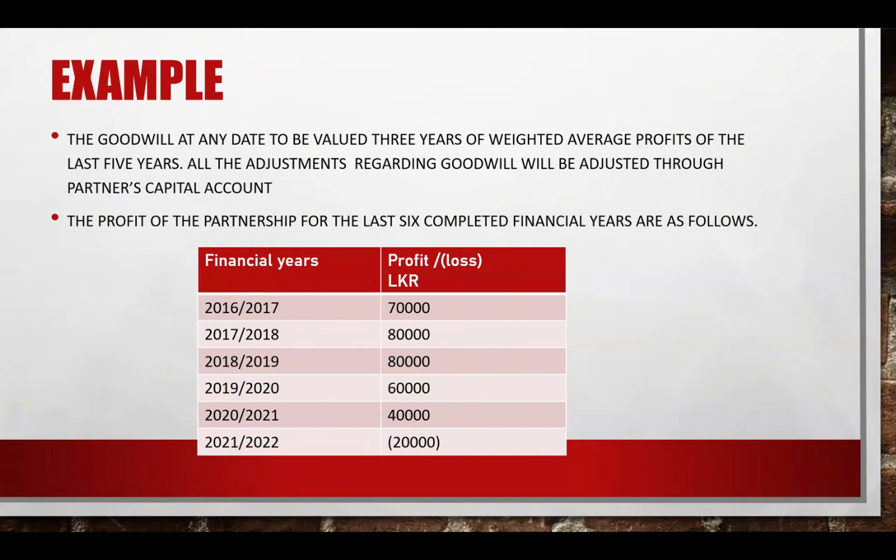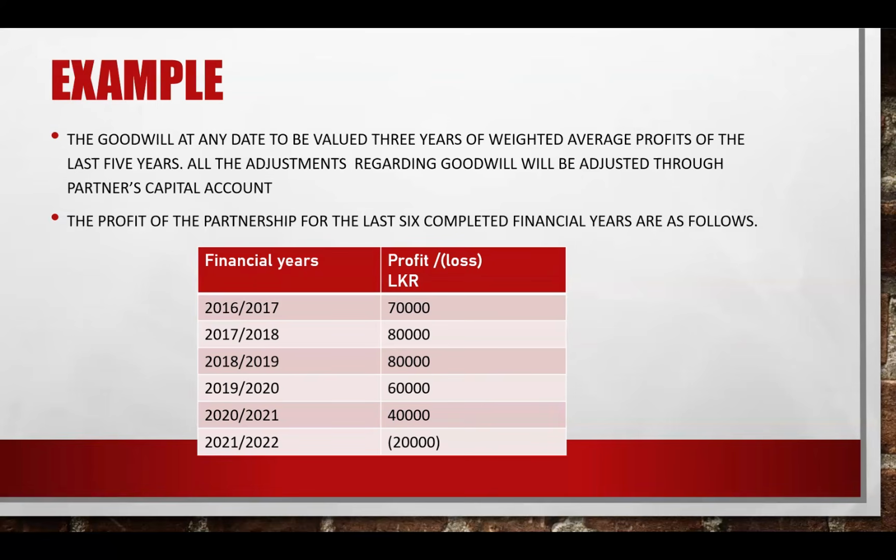Please keep it in your mind. Previously, I forgot to mention there are three methods to calculate goodwill. This question always gives us the weighted average profit method, unlike the capitalization method and the surplus method. Okay, now we will move to the next step.